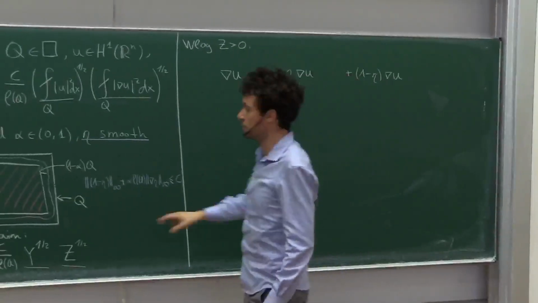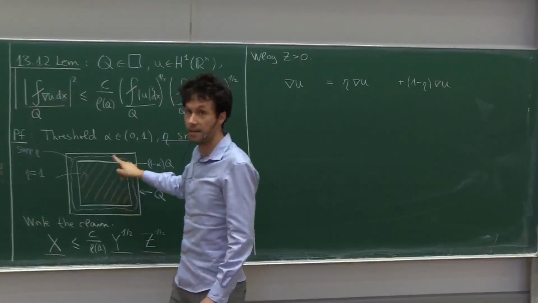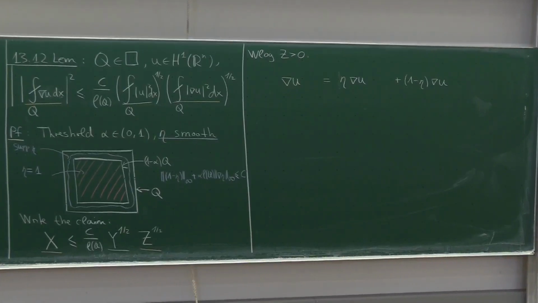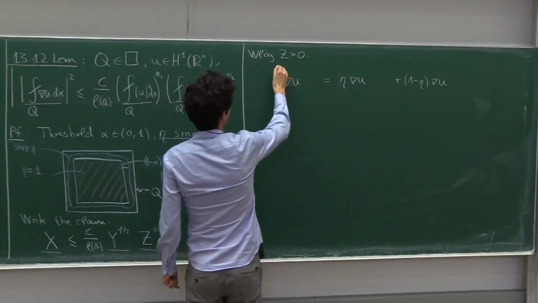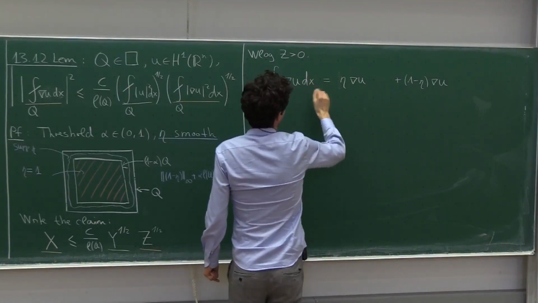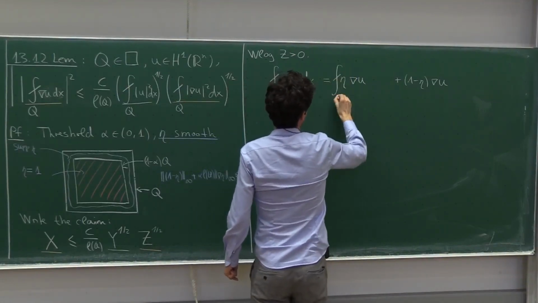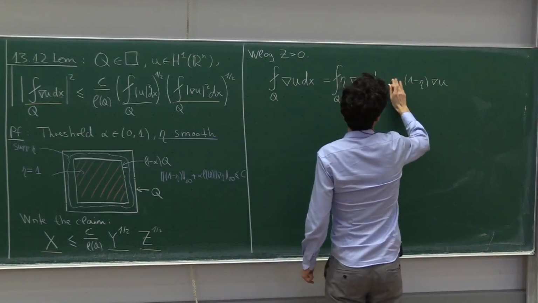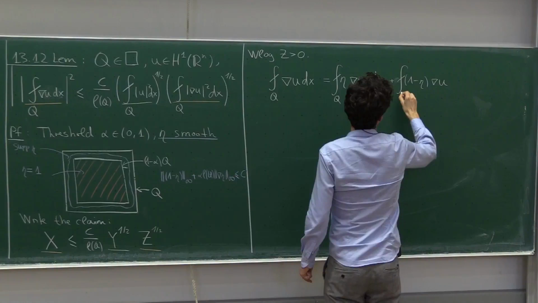This is this one, because 1 minus eta vanishes on the entire red cube. And then I have the rest. Okay, so then I'm going to average the whole business in Q. So I'm going to average here, and I'm going to average here.